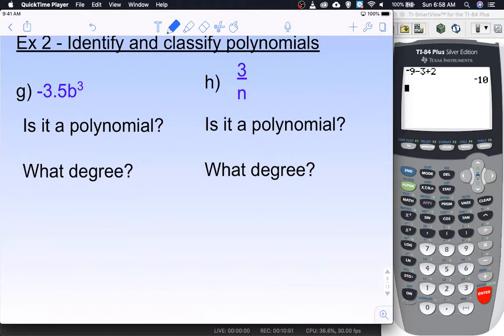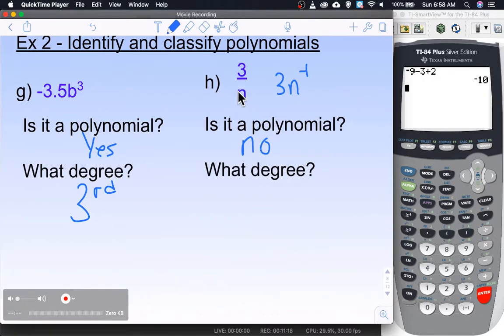Okay, here's two more. Polynomial, yes. Degree, is a third degree polynomial. Letter H, polynomial, no. The reason why H is not allowed is because that is the same as saying 3 n to the negative first power.